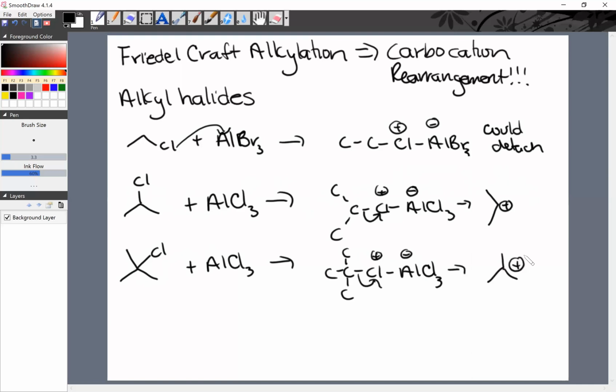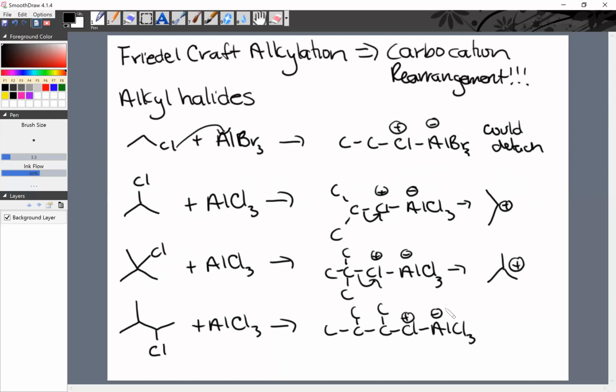And then don't forget, there's always the chance of rearrangement. So for instance, this one would originally form and it would pop off as, but it would rearrange to the more stable tertiary one.